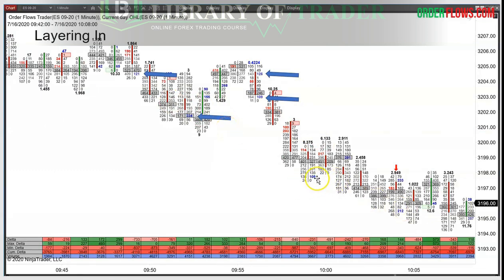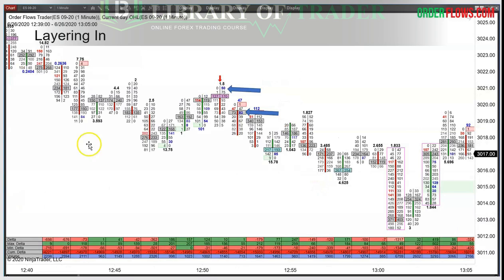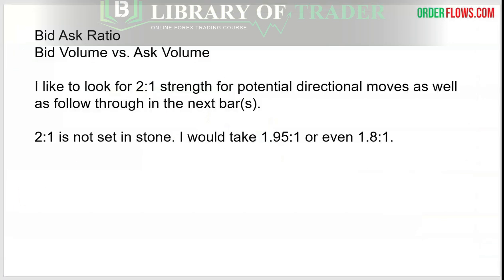Okay, well, every other price level is trading above 109 basically, except the top and bottom, which generally have the least amount of volume. But 109 is the third least amount in here. 114 is the next least, right? Everything else is well above 109, right? But when you're looking at this and it's 83, it's like, well, it's less than 100, so I can't take it. But it's the most volume in the bar at a price level, right? It's different. All right, so hopefully you can understand what layering in is now.